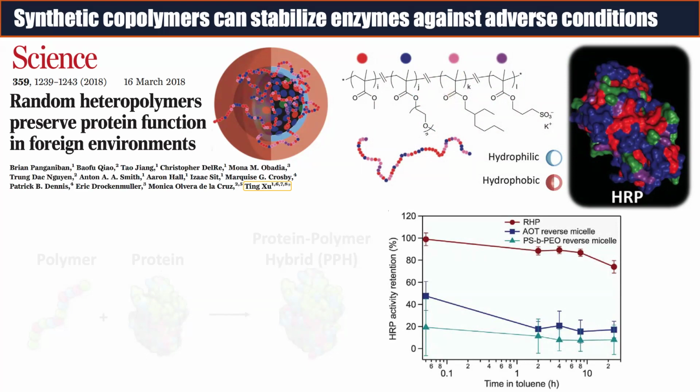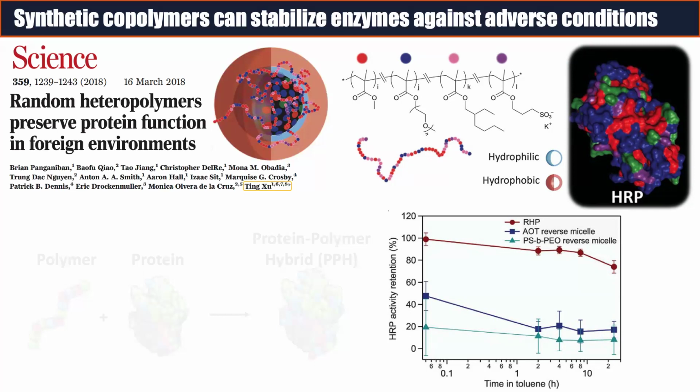This is horseradish peroxidase. In the presence of these polymers, the enzyme is able to survive in a harsh environment. This is illustrated on this figure of merit, which is the percentage of the native enzyme activity that is retained.